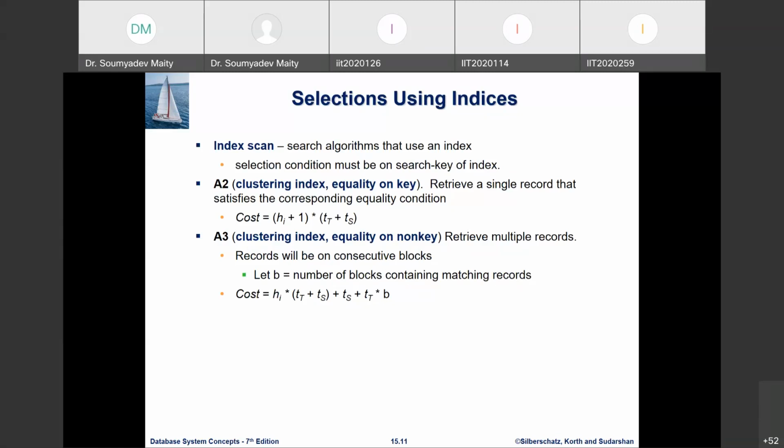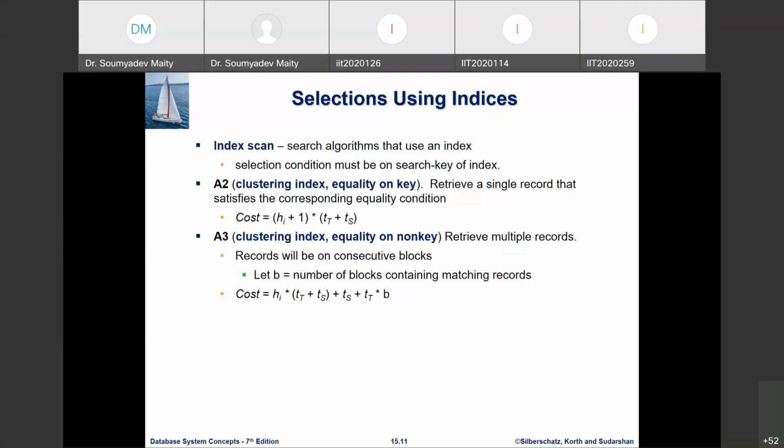And then you have to access all the blocks which are containing the records satisfying that selection condition.